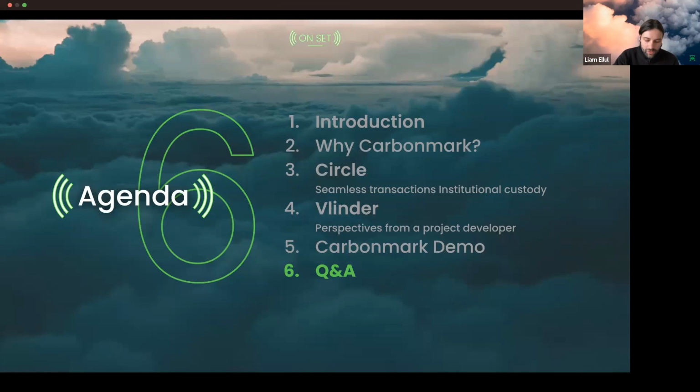In terms of the users that we have in mind for Carbonmark on the buy side, immediately on the launch of Carbonmark, we see us as a really frictionless vendor for sourcing carbon.